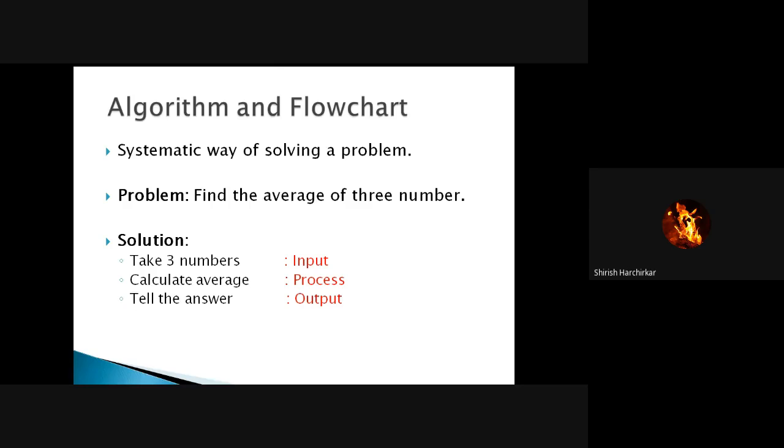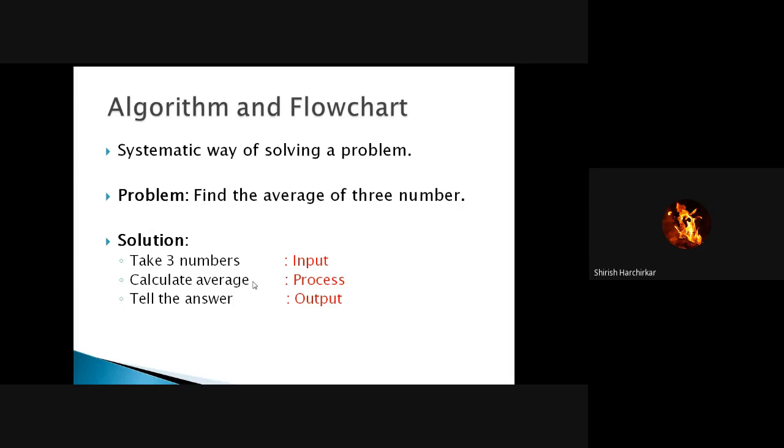Irrespective of algorithm or flowchart, we take the three numbers from the user. Whoever wants to give this problem, we ask for three numbers, and they give us three numbers. Then we calculate: we add the three numbers and divide by 3. So we get the average, then we tell the answer. This is the step we normally perform.